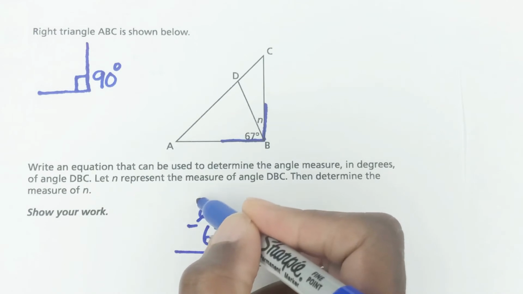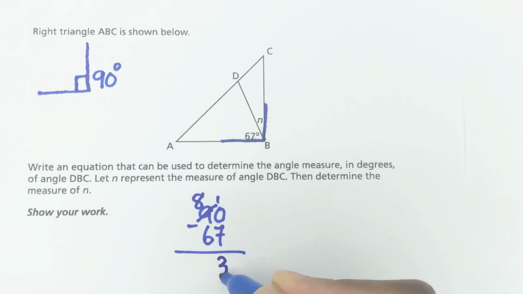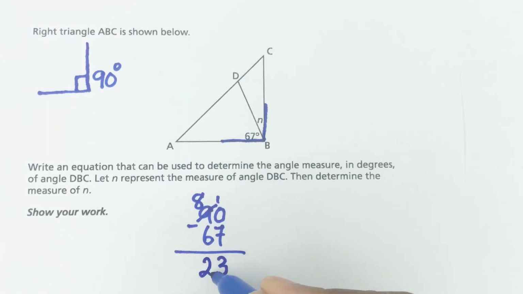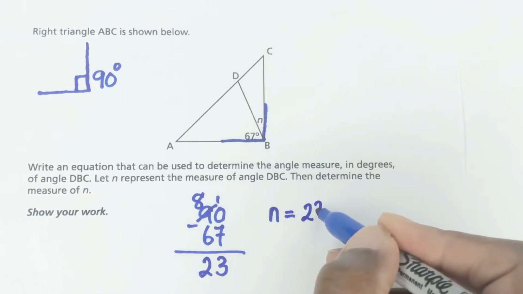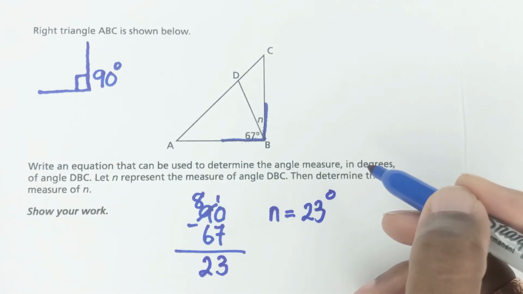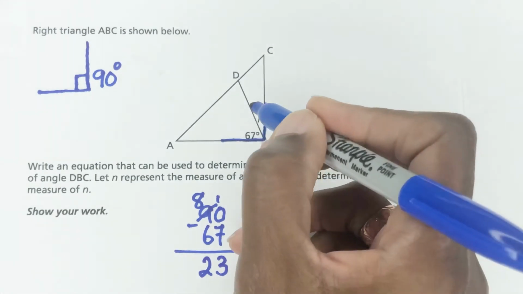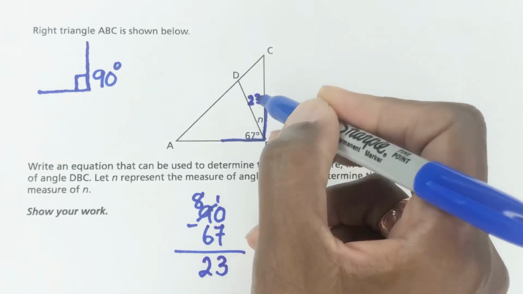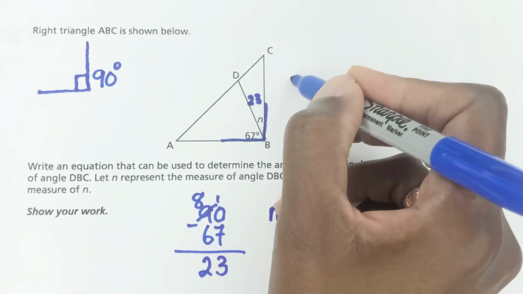All right, so we do a little regrouping here, and 10 minus 7 is 3. 8 take away 6 is 2. So n equals 23 degrees. And just to check, to put it back, 67 plus your 23, which you know now is 23, should take you back to the whole 90 degrees.